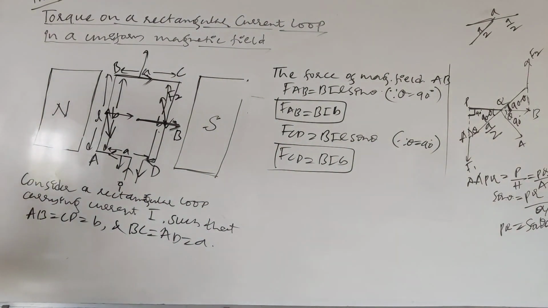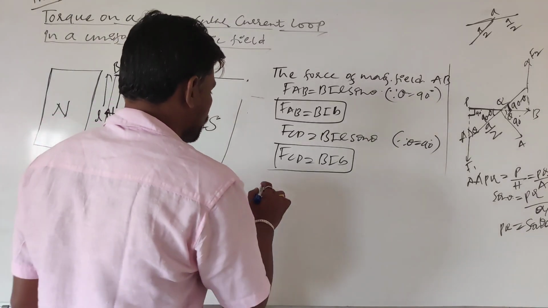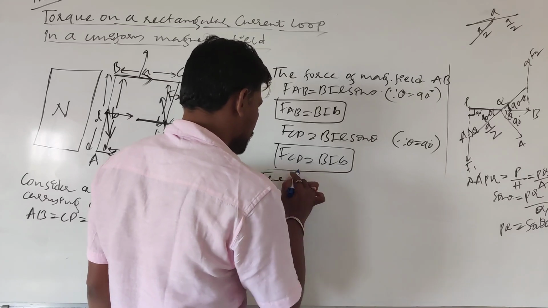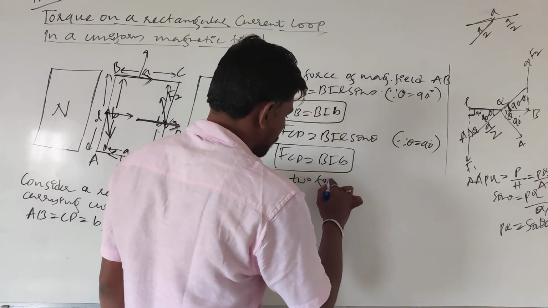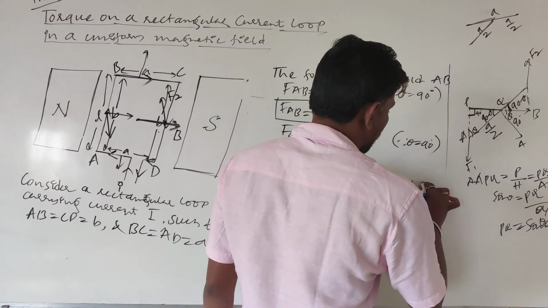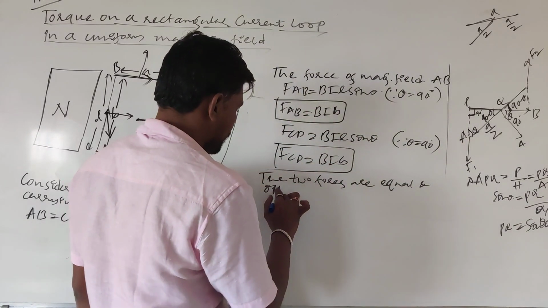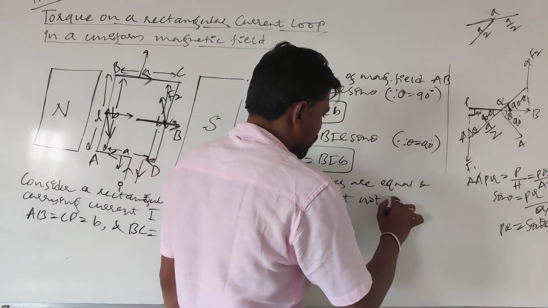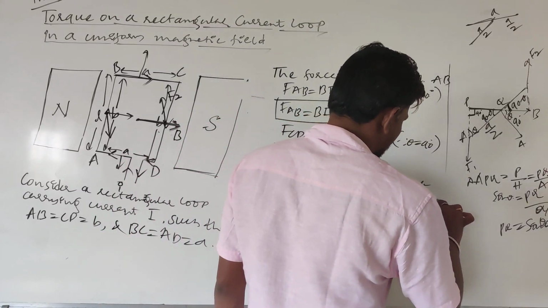Now we are going to take the two forces, which are equal and opposite but not collinear. Here the two forces are equal and opposite, one on this side and one on that side, but they are not collinear.